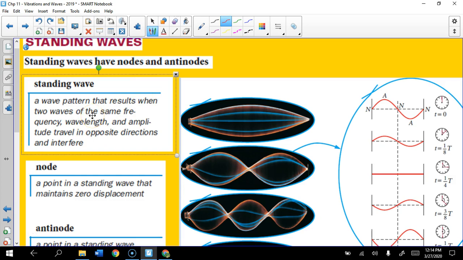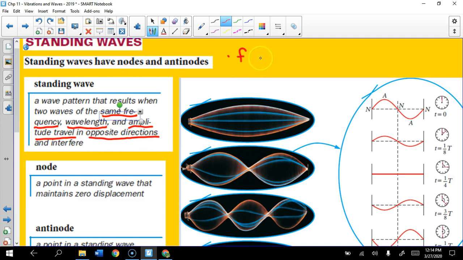This is really important to remember, what causes this to happen. It's a bit of memorization, really. You'll have two waves that have the same frequency, and therefore the same wavelength, and at the same time they have the same amplitude. And finally, they travel in opposite directions.